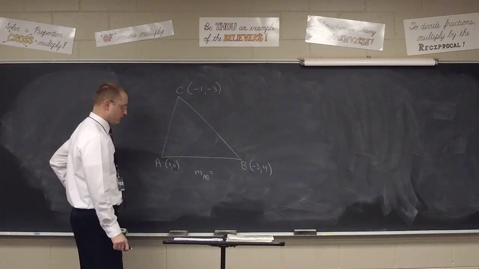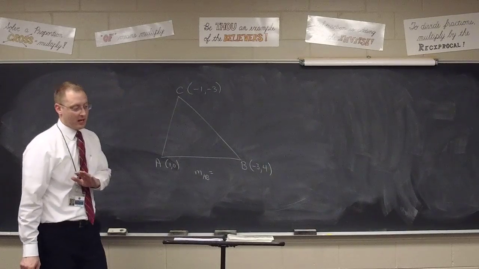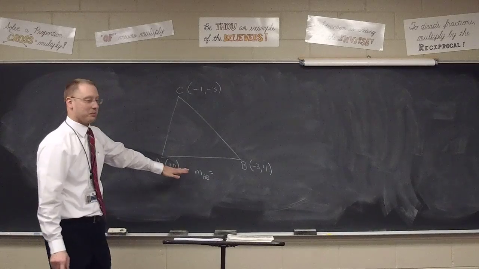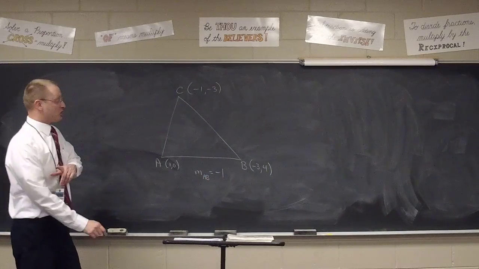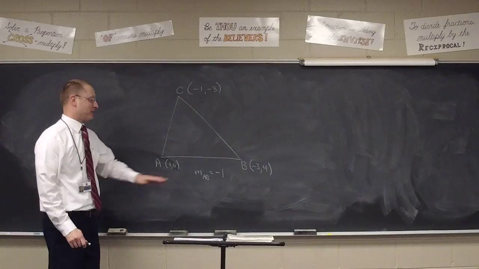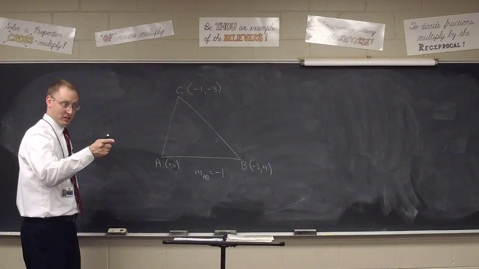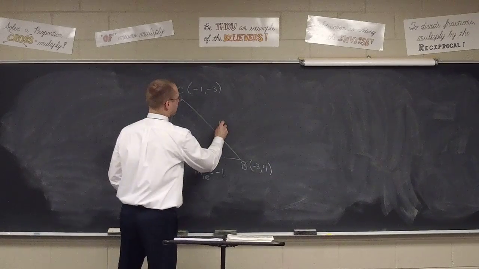Okay, not the angle of inclination yet, just the slope. What's the slope? Oh, -1. -1. That's all we were looking for. We could do angles of inclination here in a minute, I suppose, but -1's the slope. Good to go? All right, find the slope of BC.